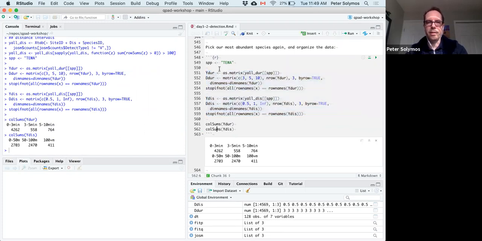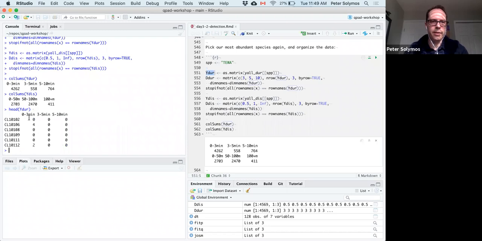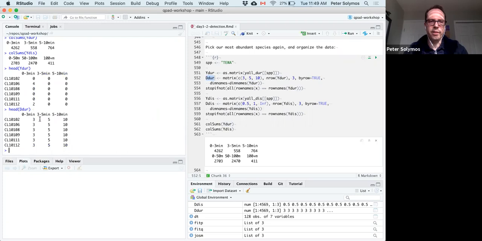So we have this Y table for the duration. And what I mean by that is the removal sampling part. So this is our data, the different distance intervals, the number of individuals counted, and the corresponding matrix with endpoints of the time intervals.